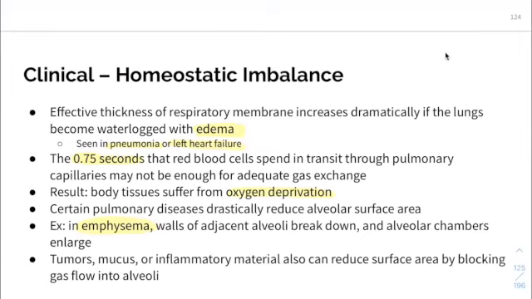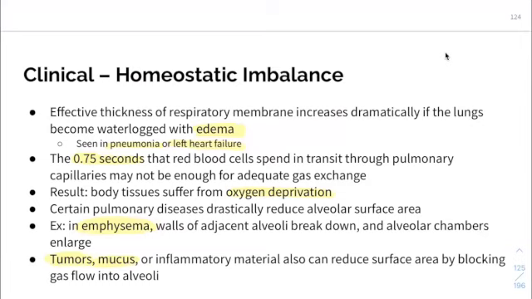Lung tumors, mucus, like in cystic fibrosis. Cystic fibrosis, they have such thick mucus that starts to accumulate in the lungs because of those goblet cells in our trachea that release that mucus, and those pseudostratified ciliated columnar epithelial cells use that cilia.